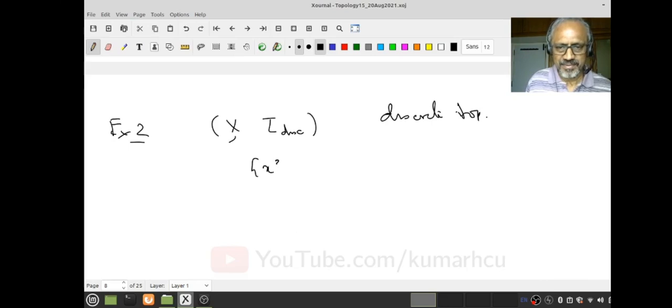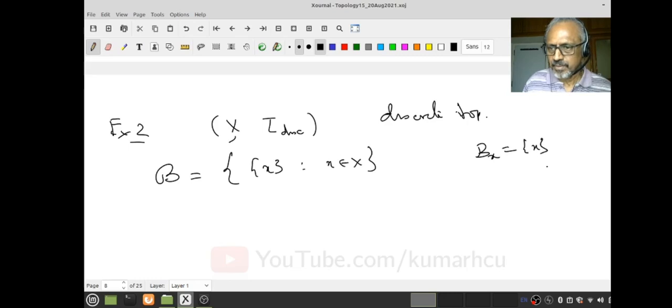Singleton {x}, right? Therefore, let's look at this: x varies over capital X. This is a basis. So each B_x is singleton {x}, and x varies over capital X. This is a basis, by very definition, right? I don't think it requires any serious verification.